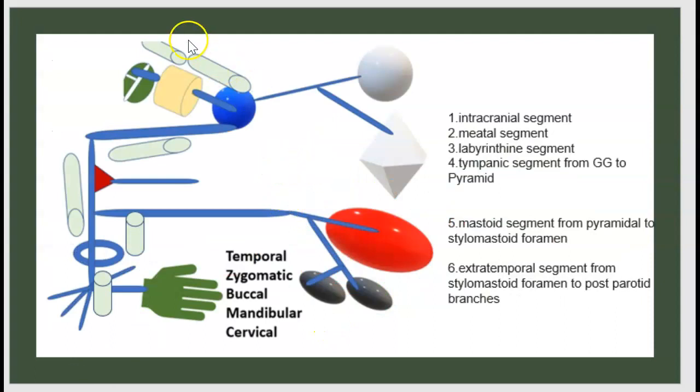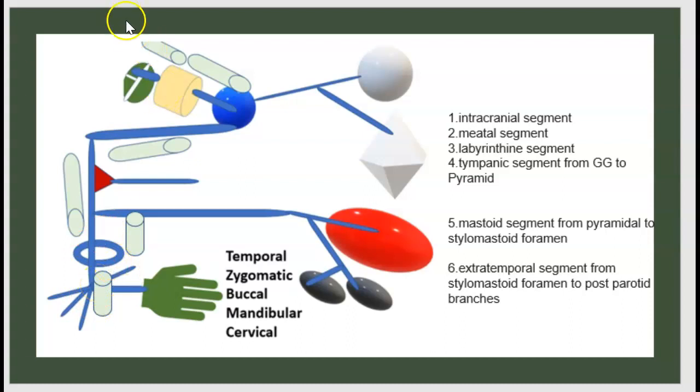To understand the facial nerve, there are 6 segments: the intracranial segment, the meatal segment, the labyrinthic segment, the tympanic segment, the mastoid segment, and the last one, the extratemporal segment.